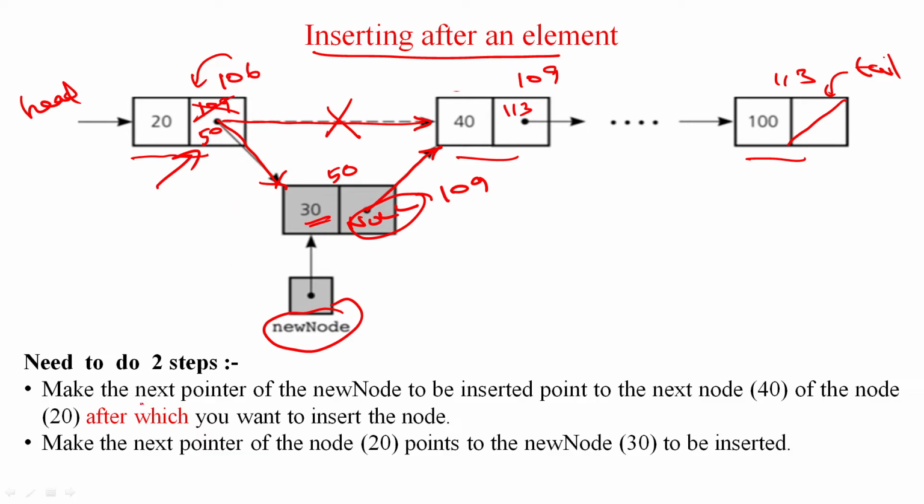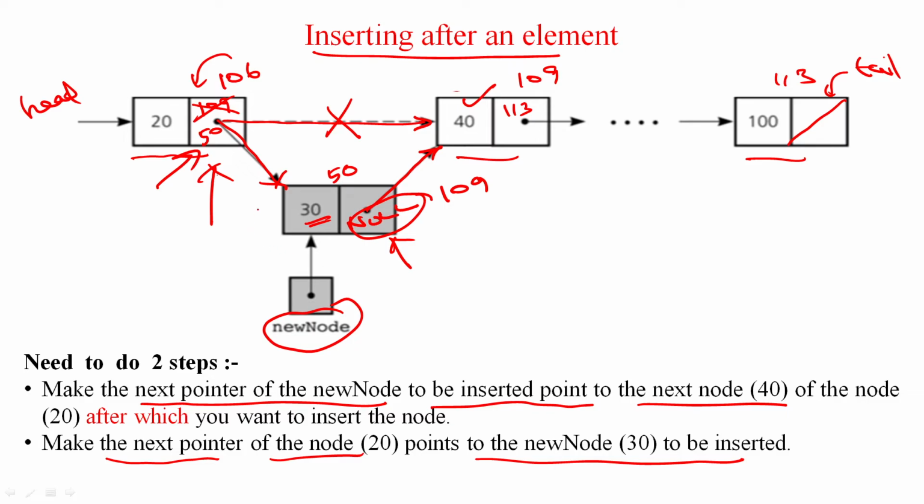That's what is given here: make the next pointer of the new node point to the next node, 40. This address has to be written. Then make the next pointer of node 20 point to the new node. This link has to be created.